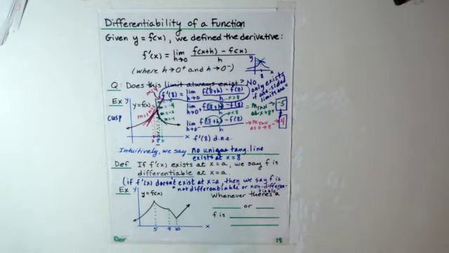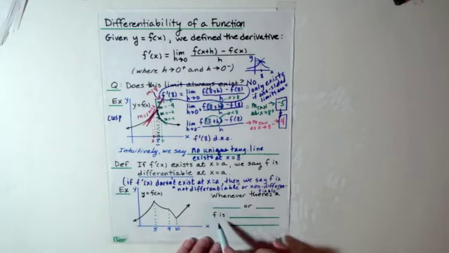So if it's not differentiable at a particular value, then we say it's not differentiable or non-differentiable at that particular value. Okay, so I'm just going to summarize what we've said over here.